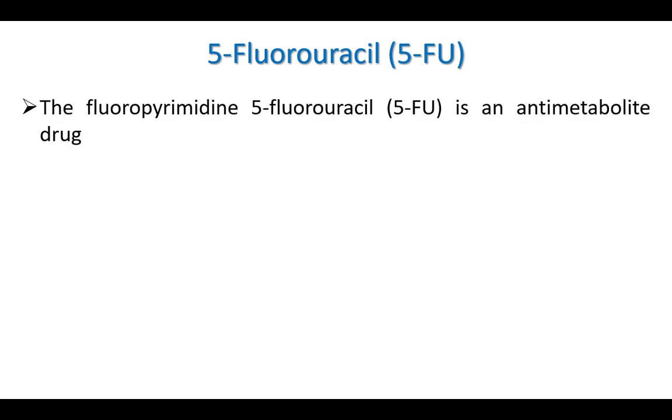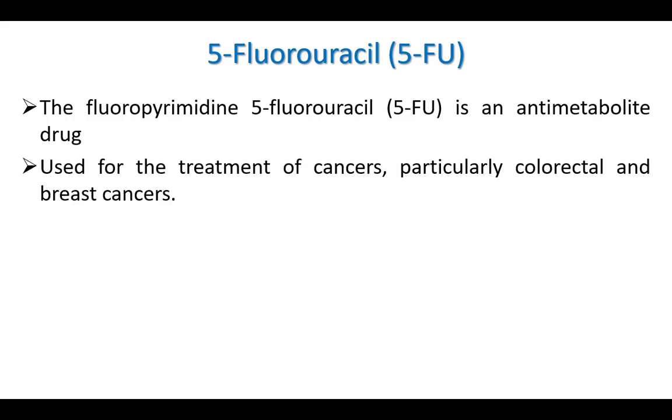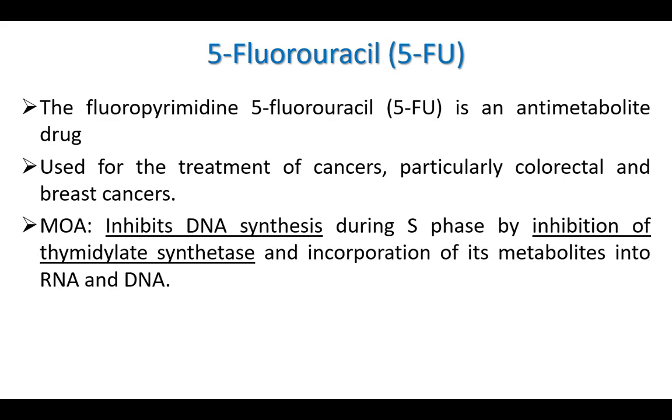5-FU, again, is 5-fluorouracil. It's an antimetabolite. It acts as a uracil analog. It's used in many cancers, including colorectal and breast cancer. It inhibits DNA synthesis by inhibition of thymidylate synthetase. As I said, it acts as a uracil analog, and it acts during S phase, obviously, and it incorporates itself instead of uracil.